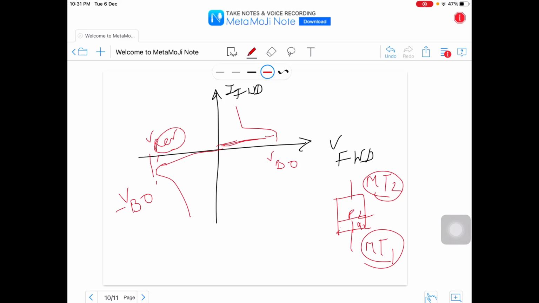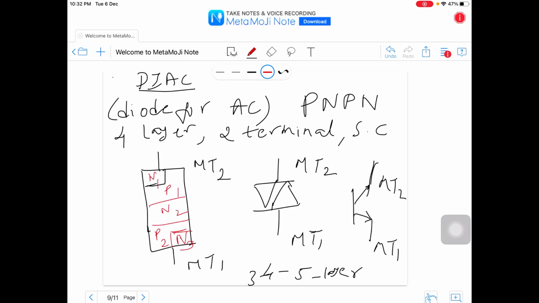So the current will flow from terminal MT2 to MT1 through the path of P1, N2, P2 and N3 in this direction. If the polarity of terminal MT1 is positive, to break the junction of N2 and P1, the current flows through the path of P2, N2, P1 and N1.